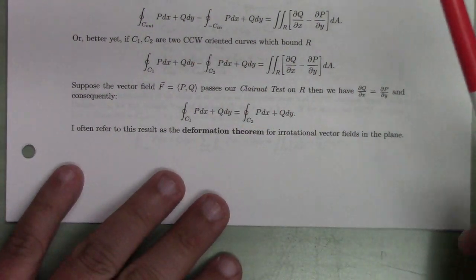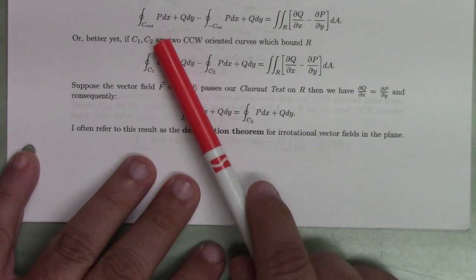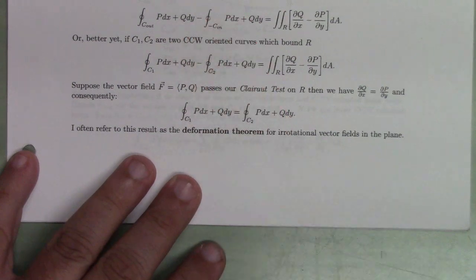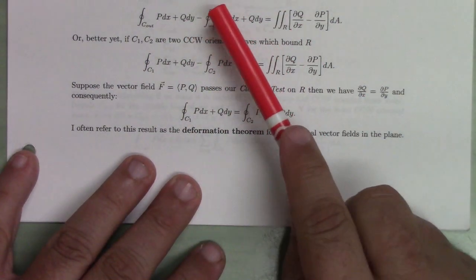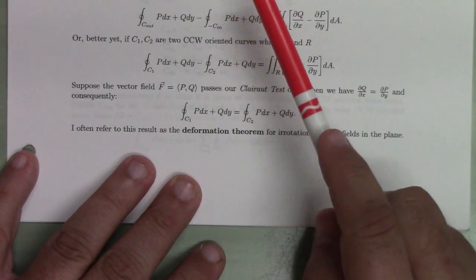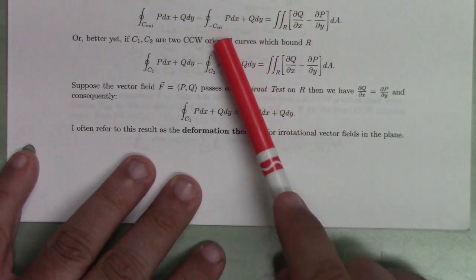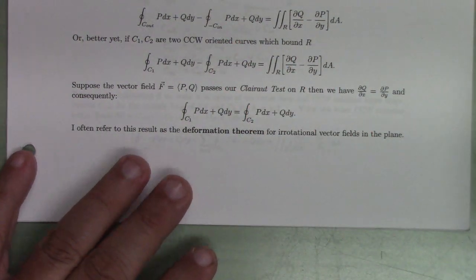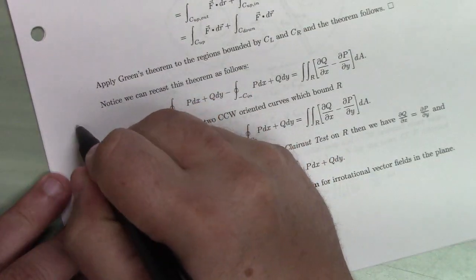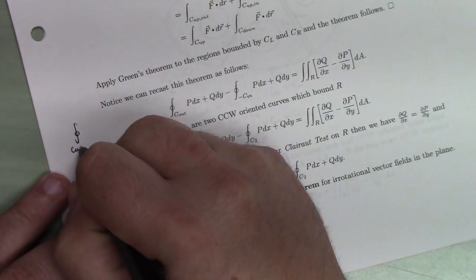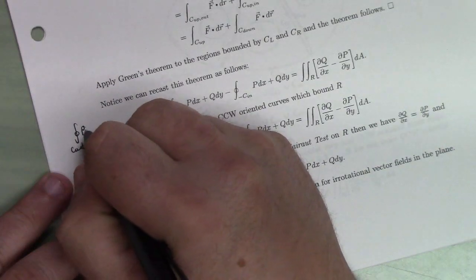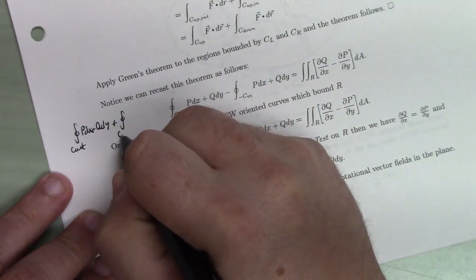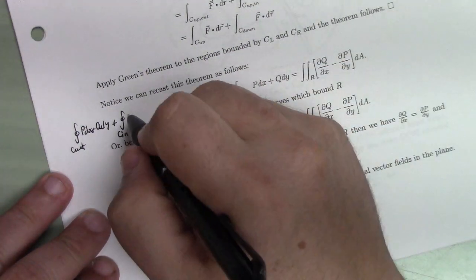another way we could write it is we could recast the theorem as follows. We could say that the line integral around the outer curve of p dx plus q dy, minus the... well, here's what I would write directly, which is more natural: the integral along C out of p dx plus q dy plus the integral along C in of p dx plus q dy.